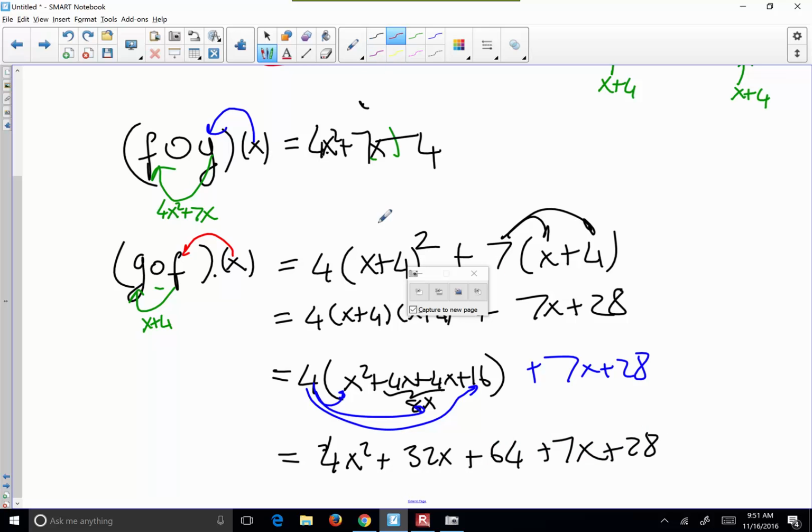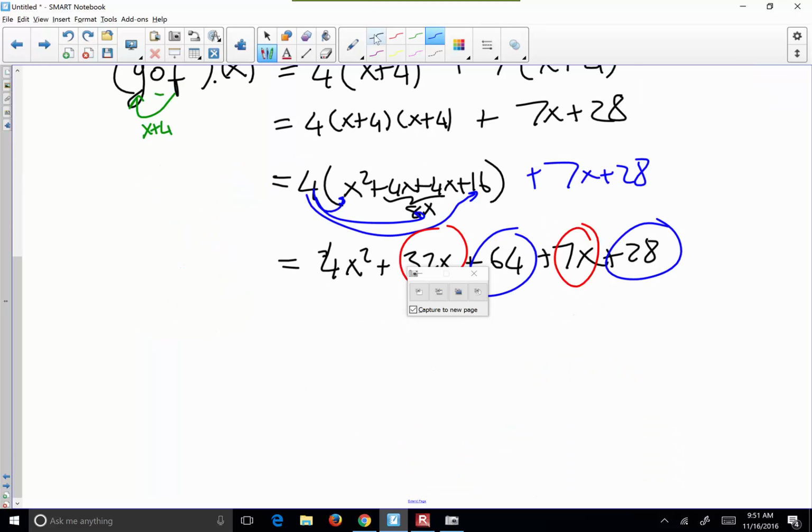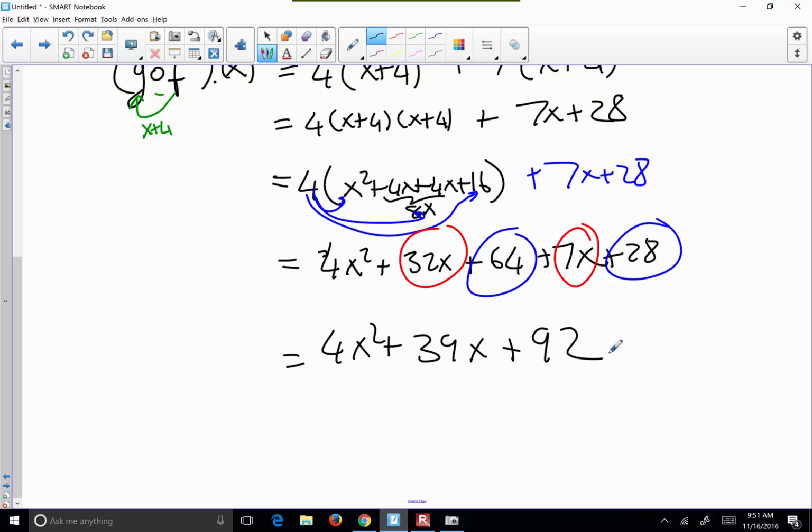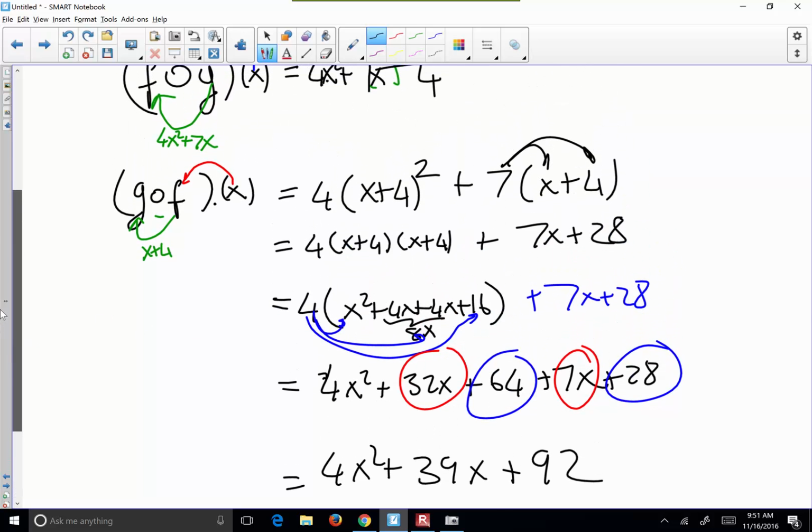And combine like terms. These are like, these are like, and we will get 4x squared plus 39x plus 92. Okay? That's the details if you wish to do it.